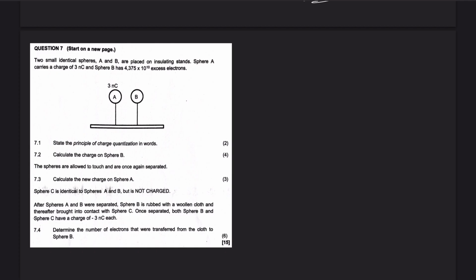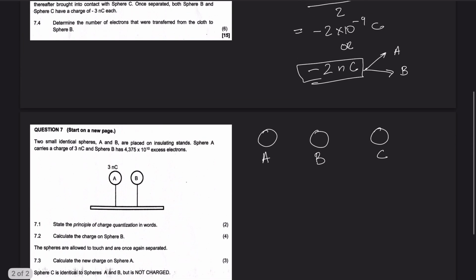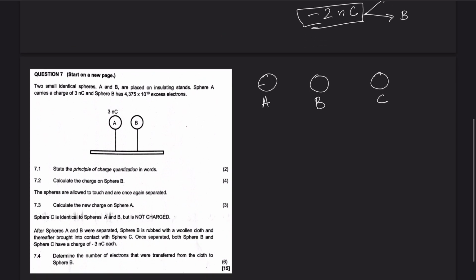So we've got some space here. It says, after sphere C is identical to spheres A and B, but is not charged. Okay, so let's just draw a simple diagram of what we have. We have A, B, and C. We worked out A and B, so A and B are currently minus 2 nC, minus 2 nC, and then C is 0.